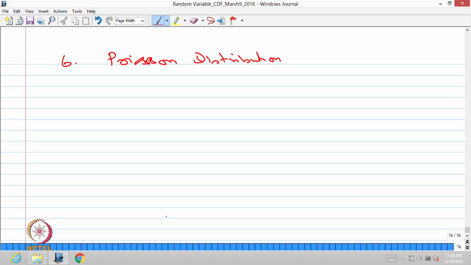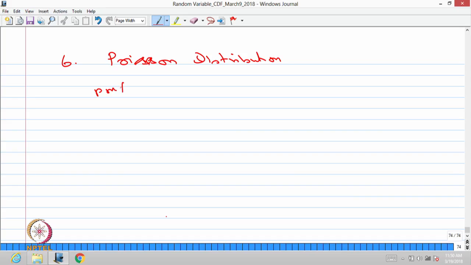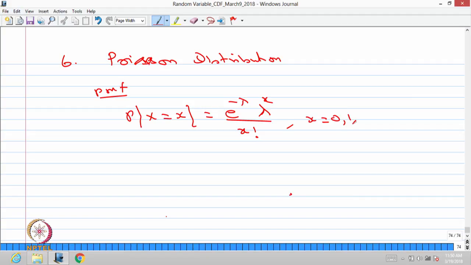A discrete type random variable is said to be a Poisson distributed random variable if the probability mass function of this random variable is of the form e power minus lambda, lambda power x divided by x factorial, where x takes the value 0, 1, 2 and so on, otherwise 0.